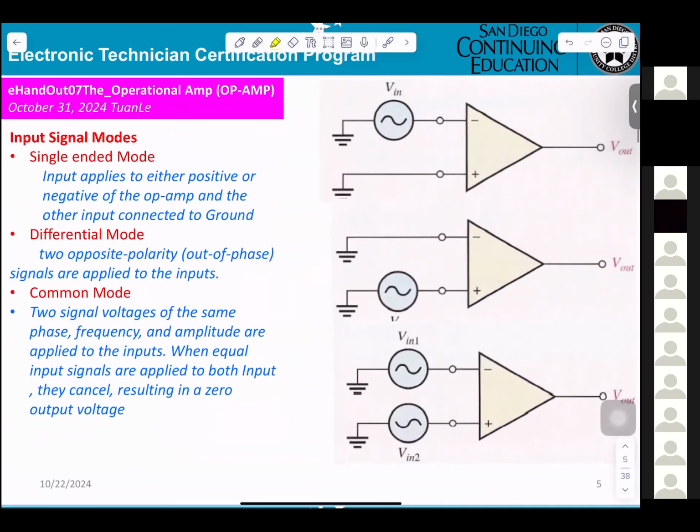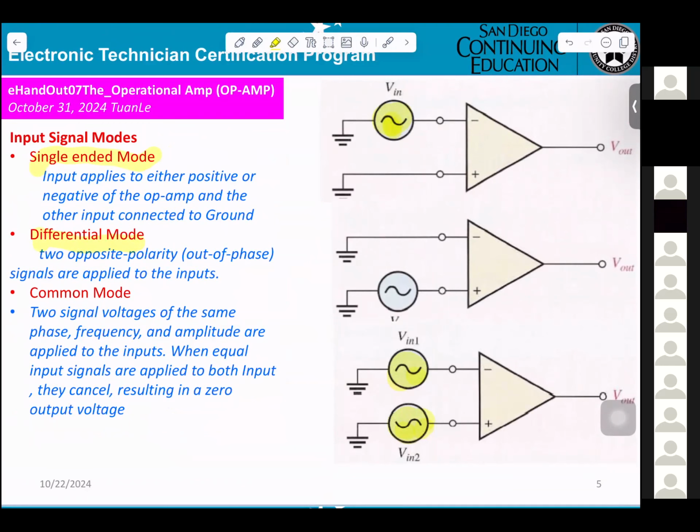Okay, this one. Single-ended mode only means you apply input to one input, and the other you route to ground. In differential mode, you apply both inputs, one to negative, one to positive.